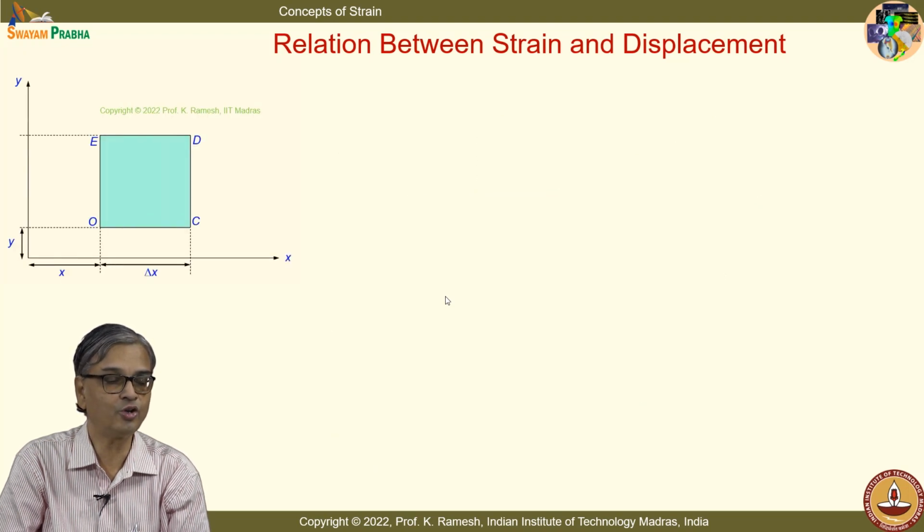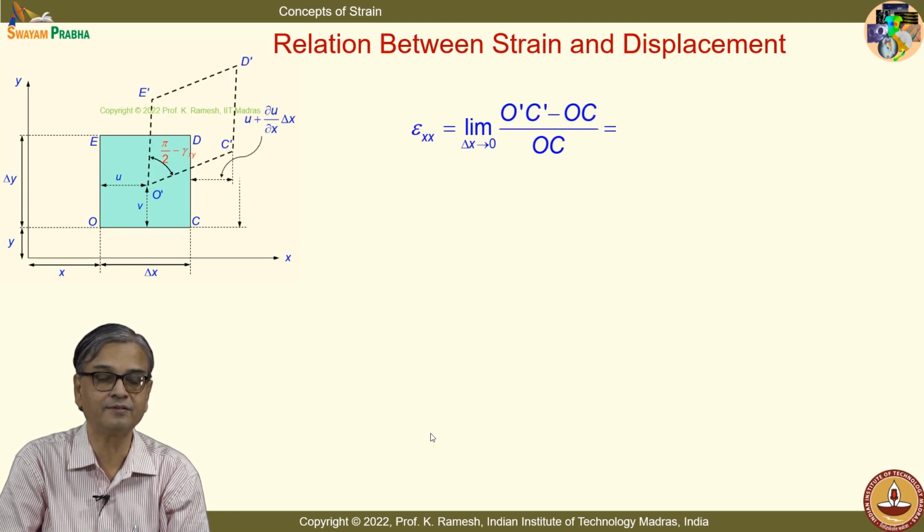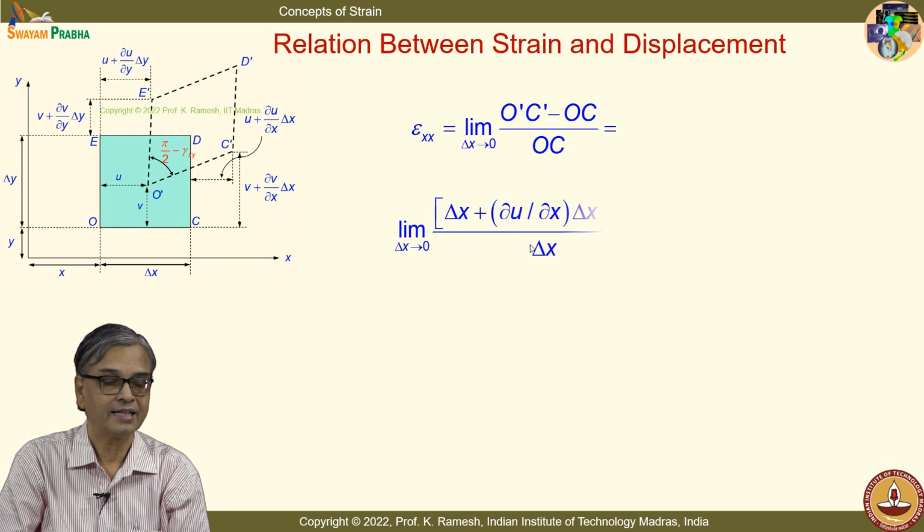So now we are going to look at how to get the normal strain. We have the expression O prime C prime minus OC, divided by OC. When I do this, it is nothing but the limit as delta x tends to 0 of delta x plus dou u by dou x delta x minus delta x, divided by delta x. So this gives me epsilon xx as dou u by dou x.